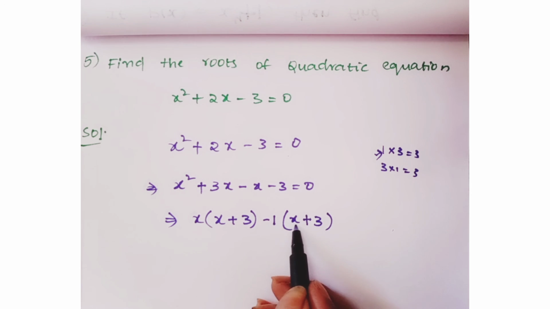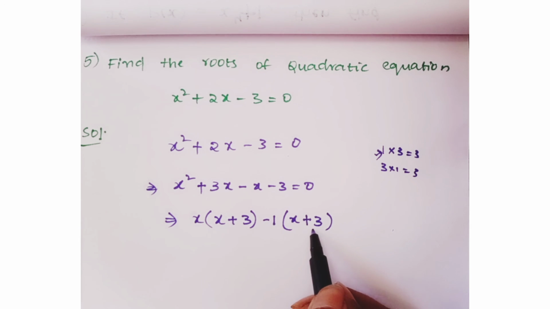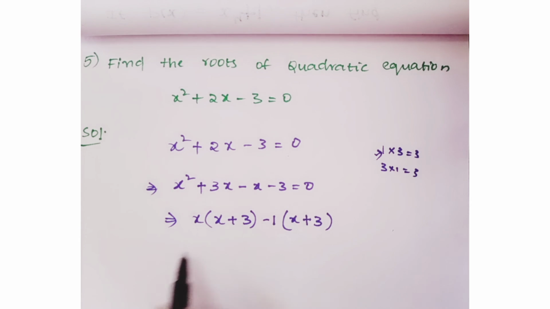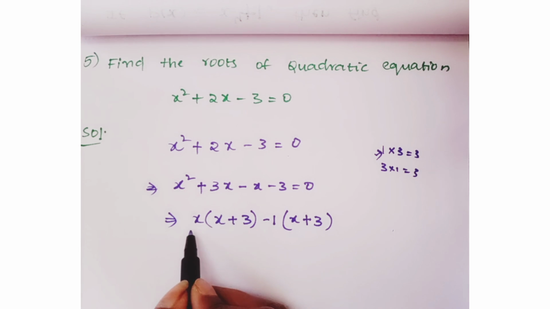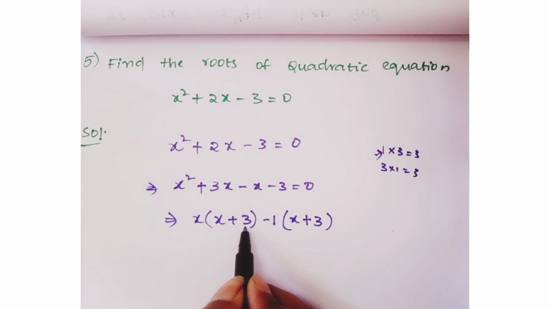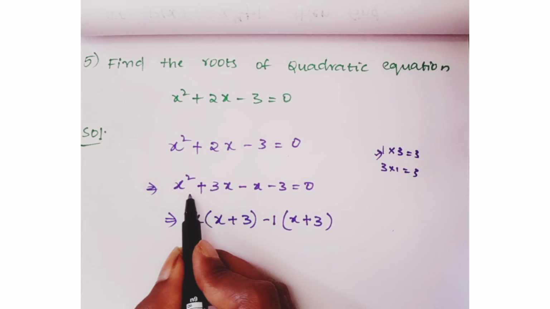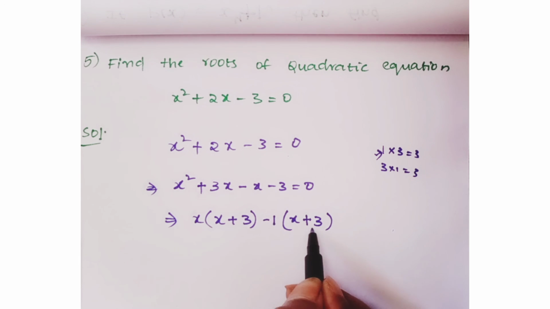Because minus 1 into x is minus x, minus 1 into plus 3 is minus 3. So whatever you do here, you need to get the above step here. Now see, x into x is x square, x into 3 is 3x. So I got this. Now minus 1 into x is minus x, minus 1 into 3 is minus 3.